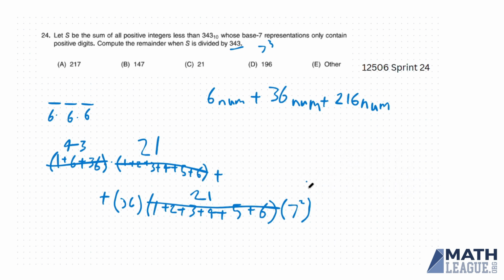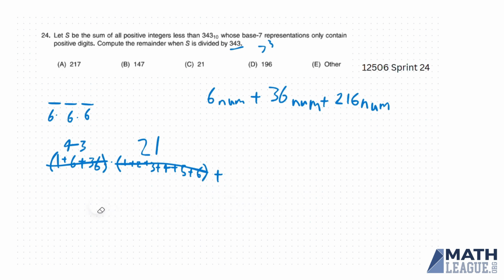And similarly, in this term, we have 7 squared here, and a third factor of 7 in 21. So we can also ignore this term, because this term will also leave a remainder of 0 when divided by 343. So all we're really looking for is the remainder when 43 times 21 is divided by 7 cubed.